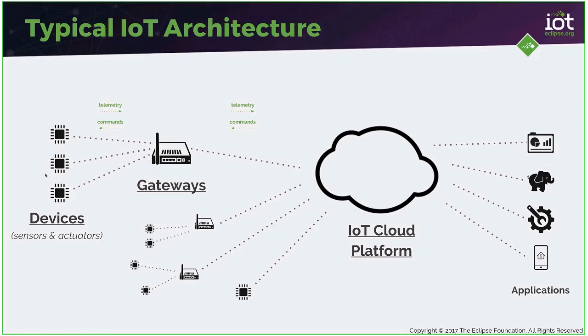Those devices, that equipment, will very likely not be able to directly communicate with the internet. So by means of gateways, we'll be able to create a bridge between those constrained devices and the world of IP, of internet protocols and good old internet. That's what the gateways will be for.